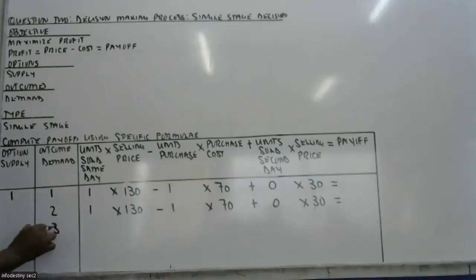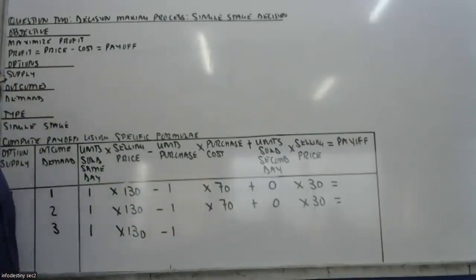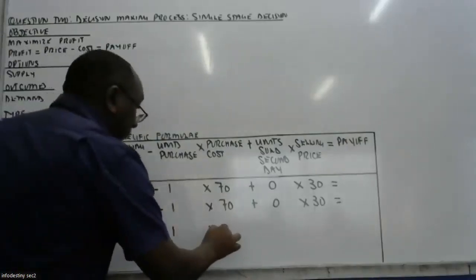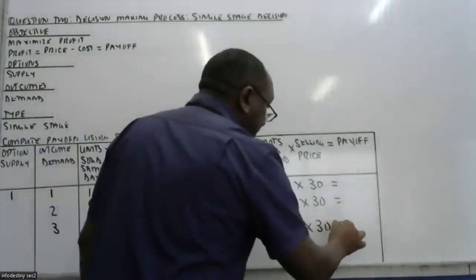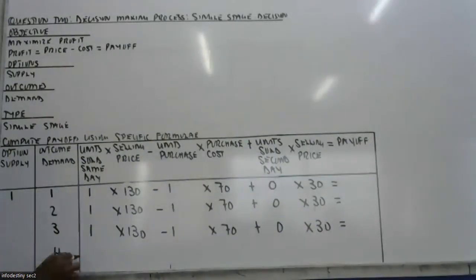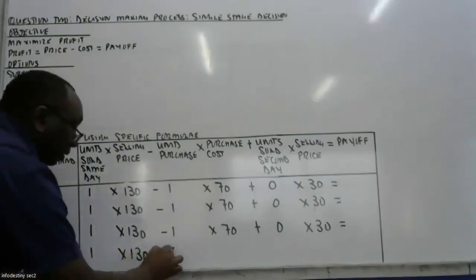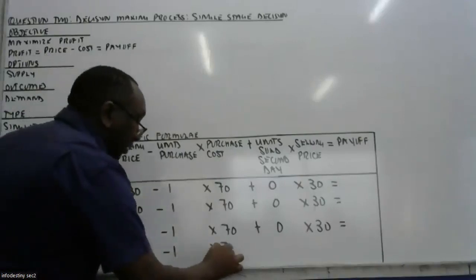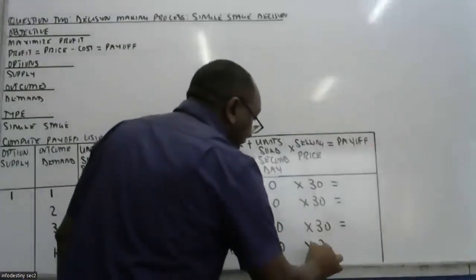If 3 customers come, you still sell 1 at 130. You bought 1 at 70. There is nothing that has remained to be sold at 30. And if 4 customers come, the demand is 4, you still sell 1 at 130 because you have 1 at 70, and there is nothing that remains to be sold at 30.